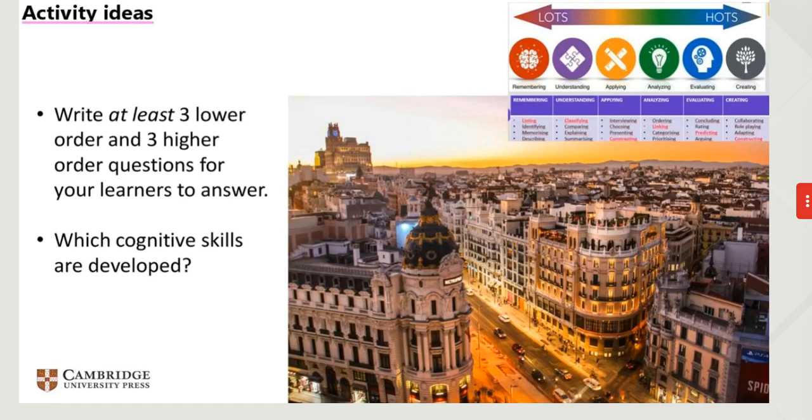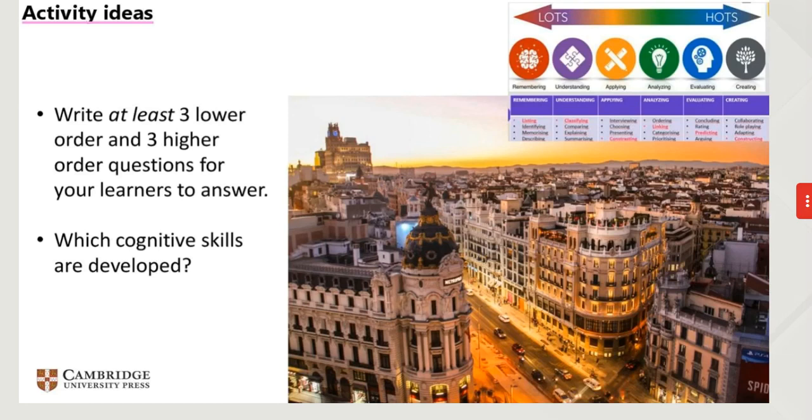This picture is a photo of Madrid. So what could we ask our students to do here? Unfortunately, we don't have time, but I'd like to ask you to think of writing at least 3 lower order and 3 higher order questions for your learners to answer, and which cognitive skills are developed.